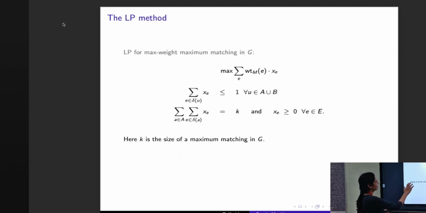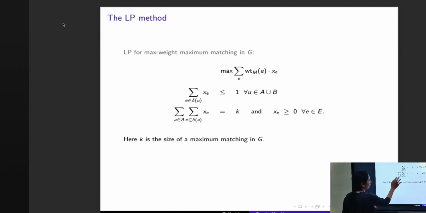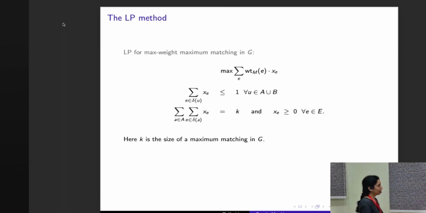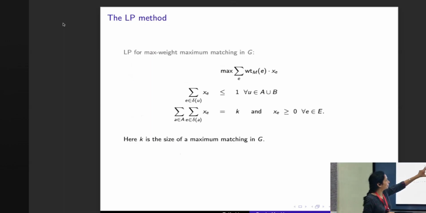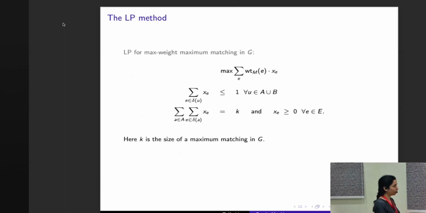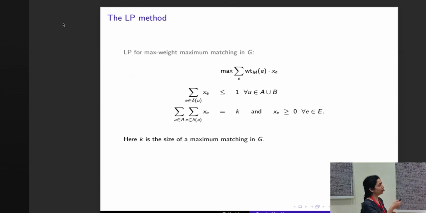So this constraint says that if you sum over all the agents, there are k edges. These constraints capture that the extreme points of the feasible region are all the maximum matchings, and we want to find a maximum weight maximum matching. That's what the objective function is capturing.